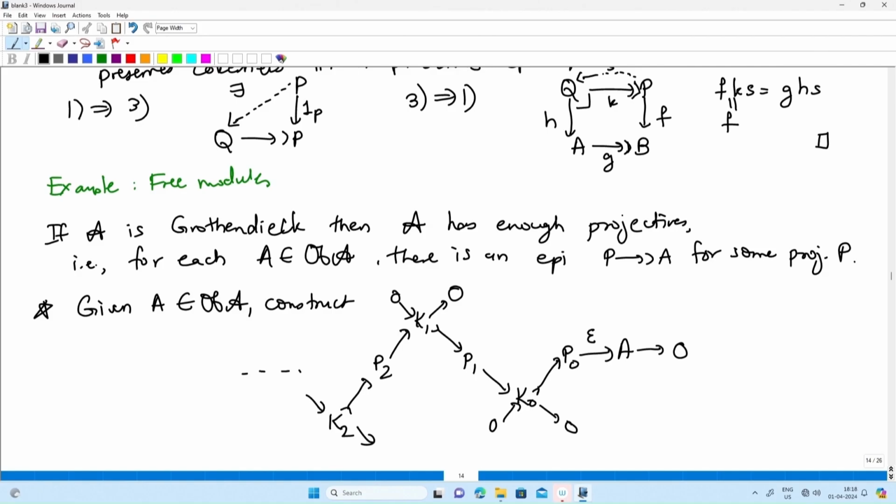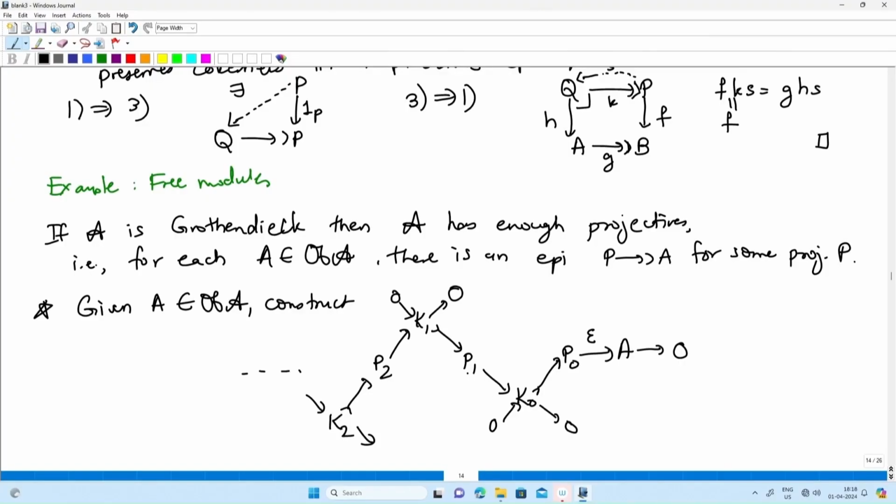Now, what do we know here? The composition from P1 to K0 to P0 gives me a map here. Then this map is here, then this map is here. Let me call this map little p1, this is my map little p2, this is my map little p3 and so on.